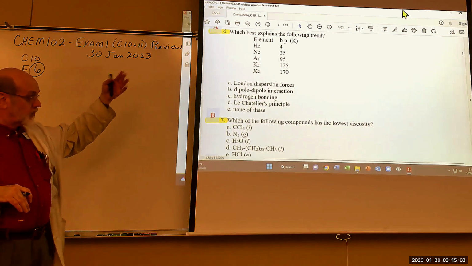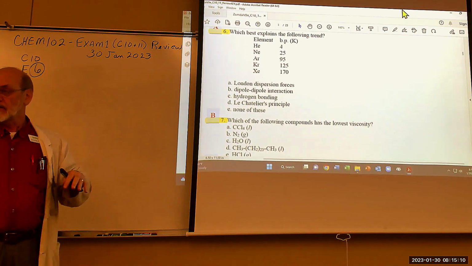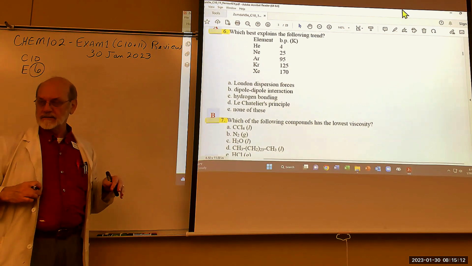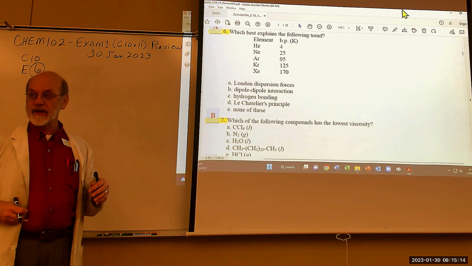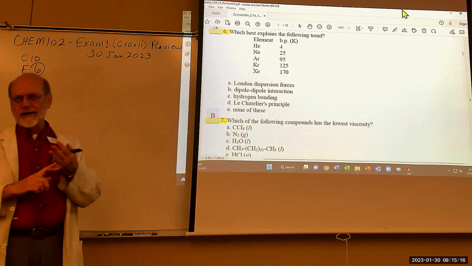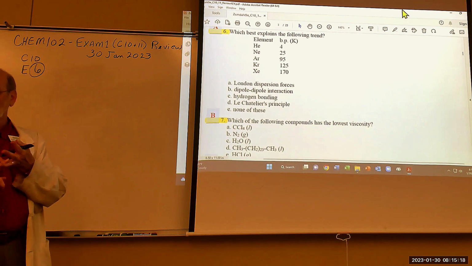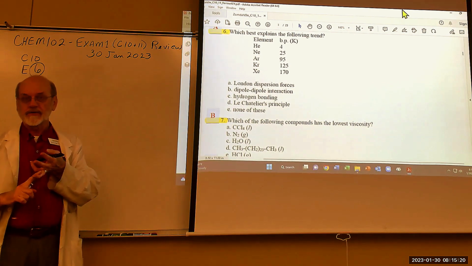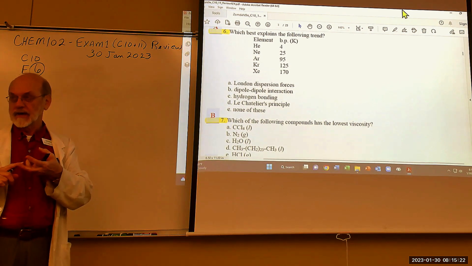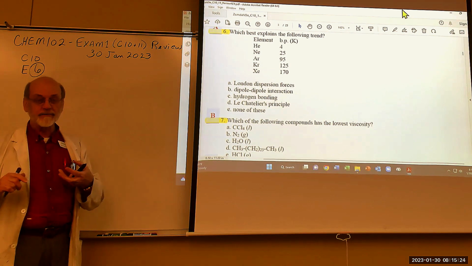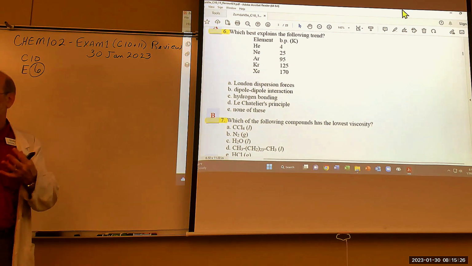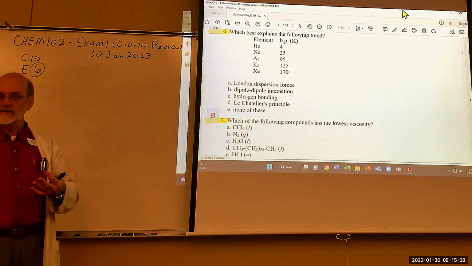As we go down, notice the boiling point gets higher. Right? So how do we account for that? We can't account for it with ionics, of course. We can't account for it with dipoles because they're just single atoms, right? The only thing we have left to account for a change in boiling point is London dispersion forces.